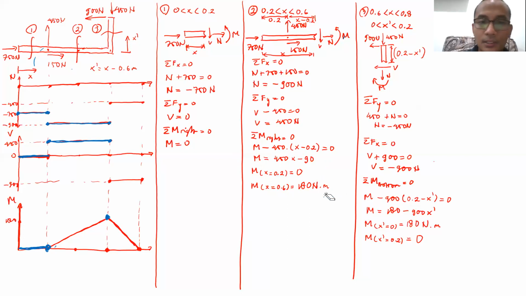So at x equal to 0.6, the value there will be 180 Newton meters. That's why this is my linear moment line, the moment diagram for this particular section. Then the last part.